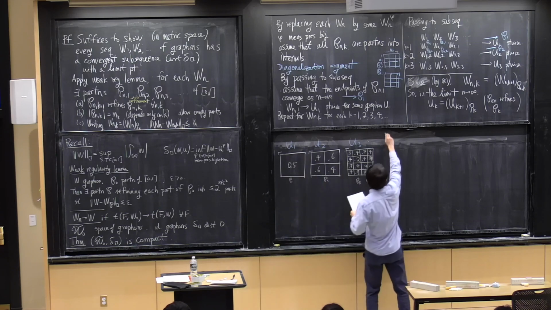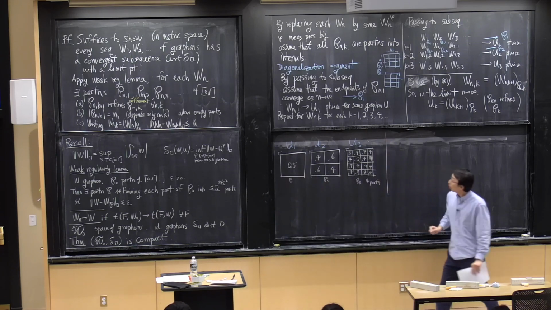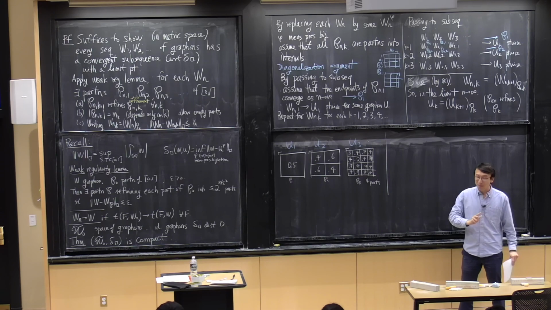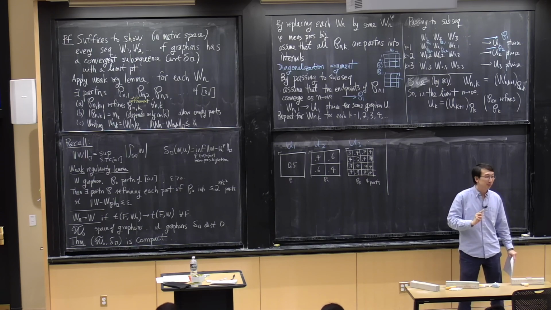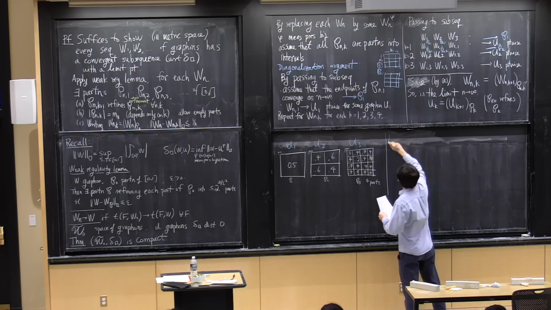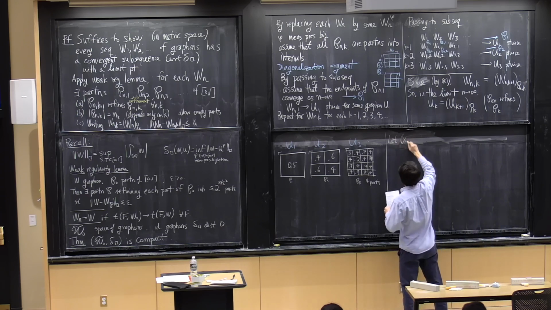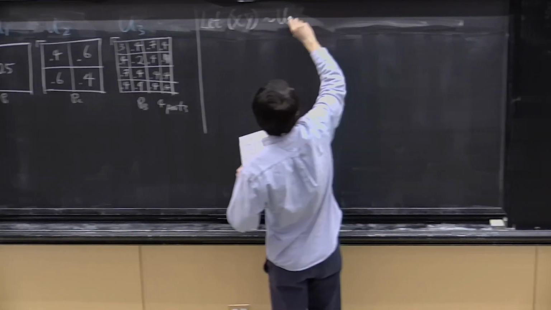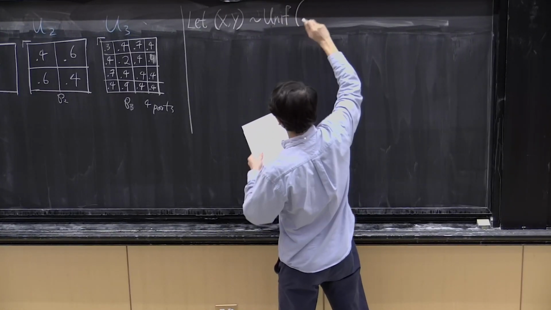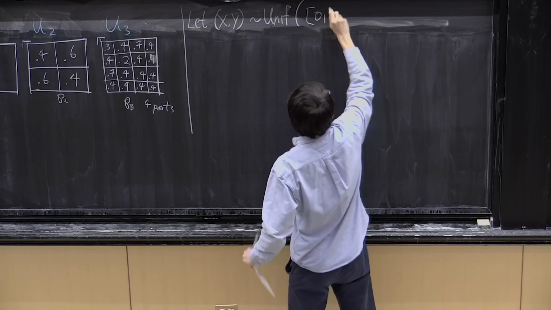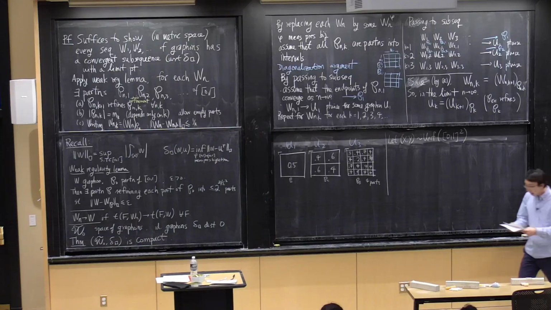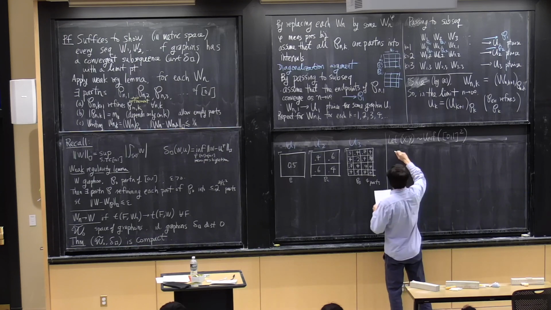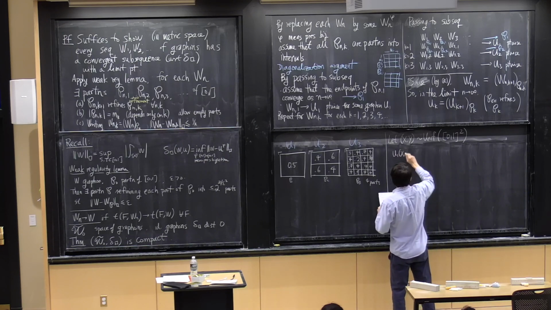All right. So now we get to martingales. I claim that this is basically a martingale. Suppose you let (x, y) be a uniform point in the unit square, and consider this sequence.